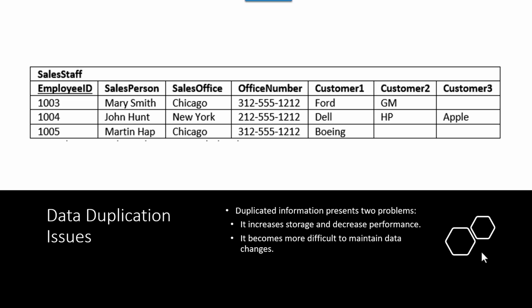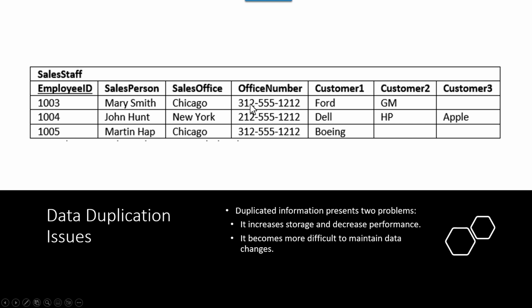When you look at this table, there's a couple of things that stand out from a duplication perspective. And the big one that I see is that the sales office is repeated. So every time I add a new salesperson to a sales office, I need to repeat the sales office name and sales office number.